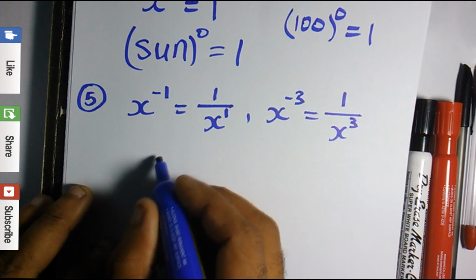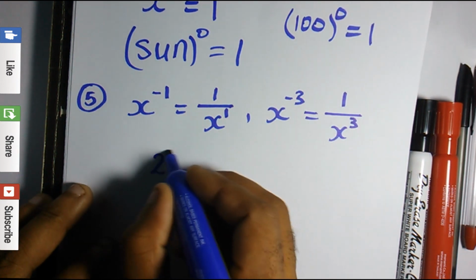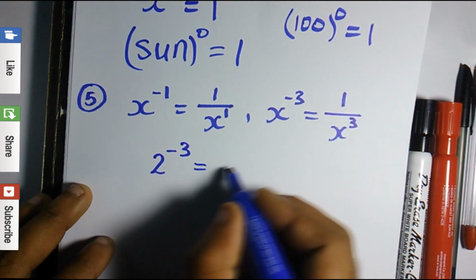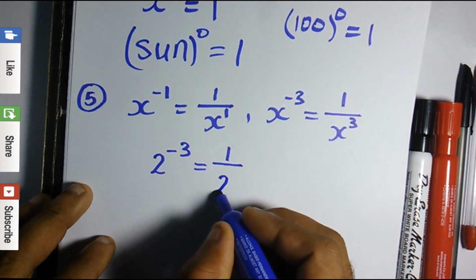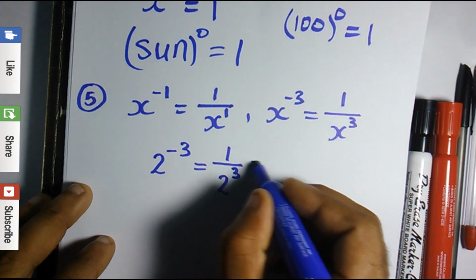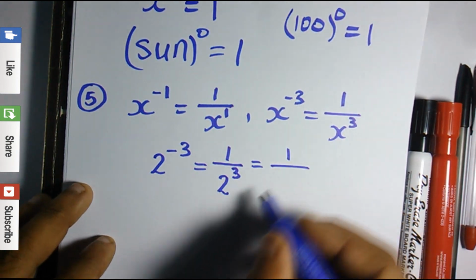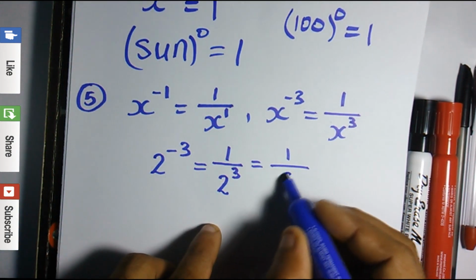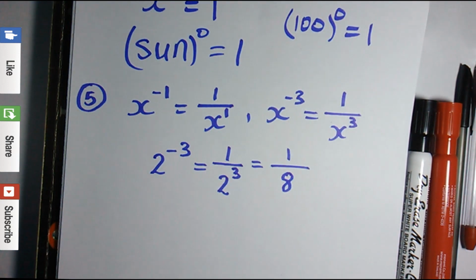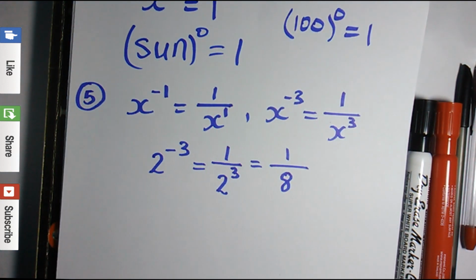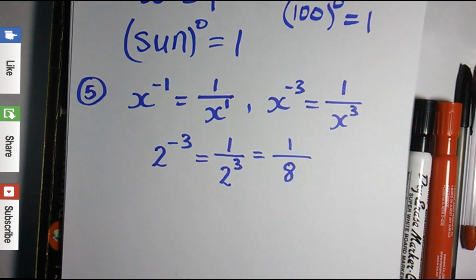Another example of this one: 2 raised to the negative 3 is equal to 1 divided by the same number raised to the positive power, which is 1 over 2 cubed. Now 2 cubed is 8, so this one would be 1 over 8. I'm going to go through a few questions after going through all the laws carefully. So that's law number 5.